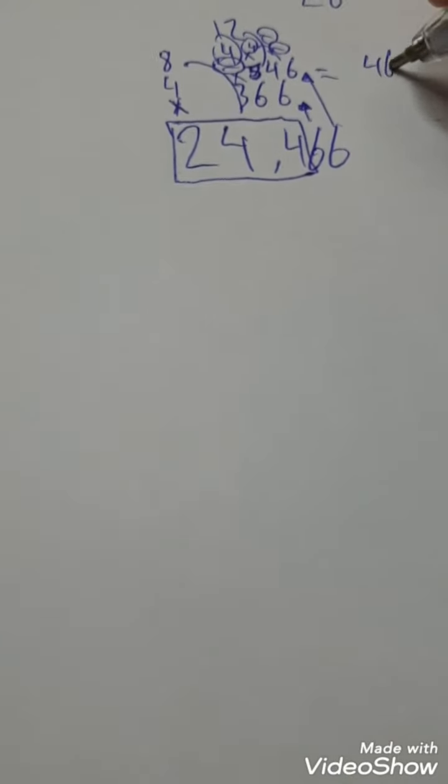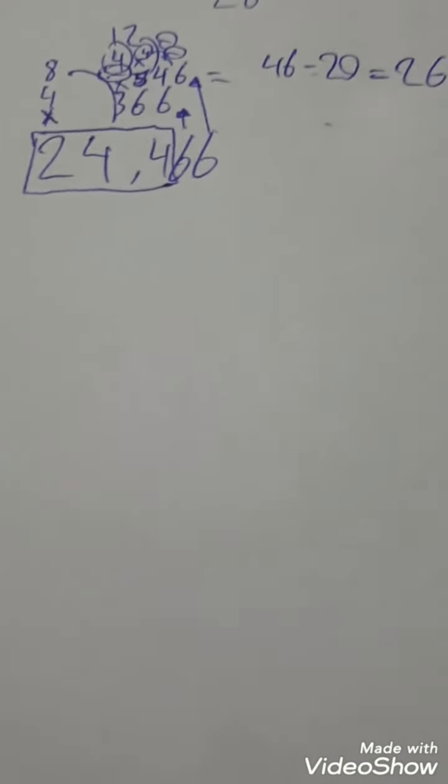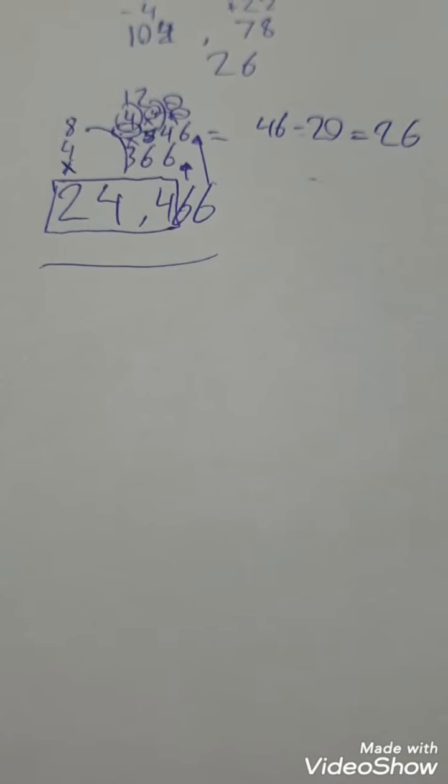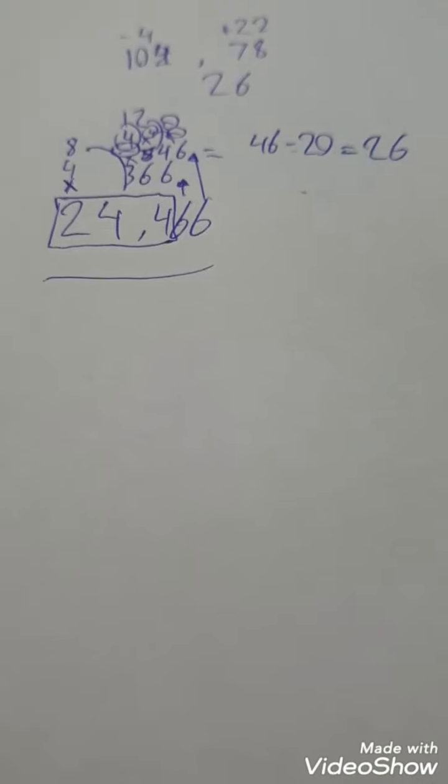So here this will give us 46 minus 20, which is 26. So this means this whole expression is divisible by 26, and this can work for any single or double digit number.